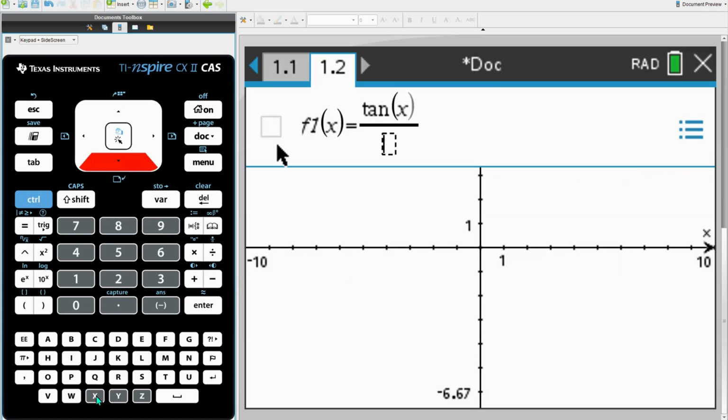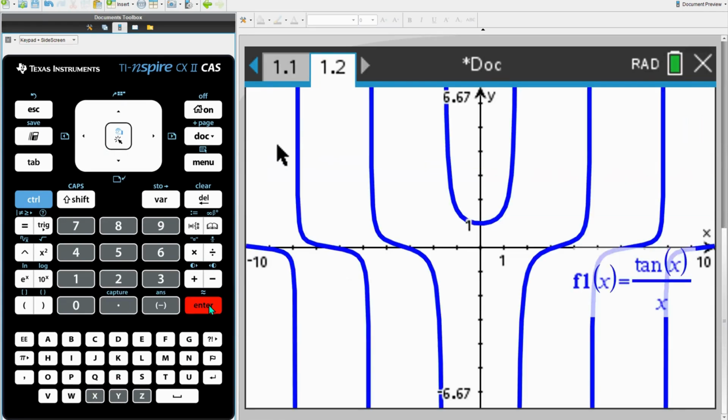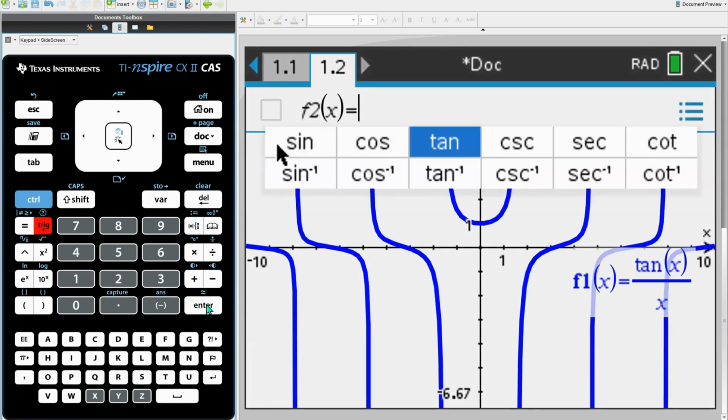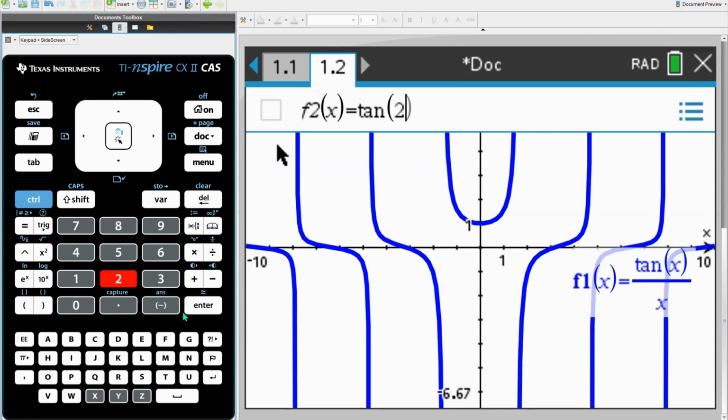All right, making sure that my calculator is in radian mode. So there's our graph. Let's hit tab again. Let's go ahead and put in what we say is that tangent line, 2.34094 times quantity x minus 2.